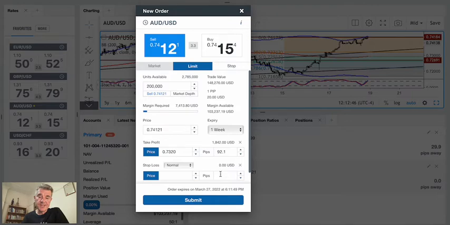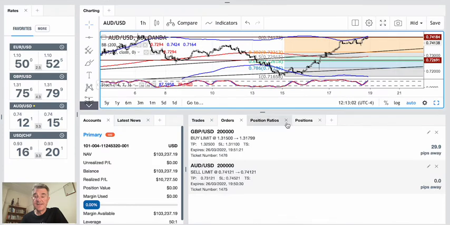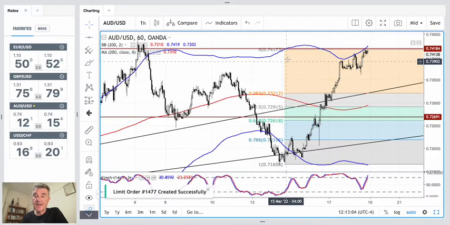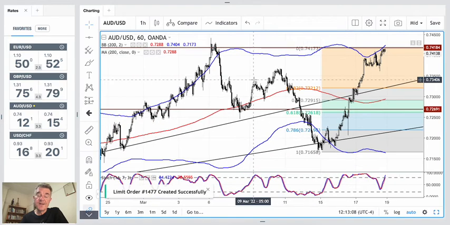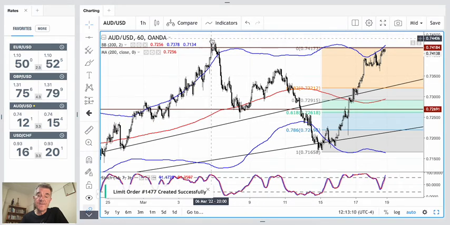And then the stop loss. So I've got a 92 pip profit target. I'm just going to put a 40 pip stop loss in there. And that is at 74.50. Let's have a look on the chart just to make sure we're happy with that. And yes, I'm happy with that. The reason is because it's above this resistance level here.